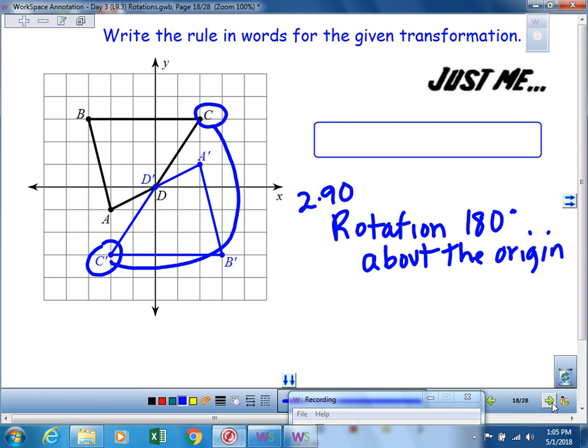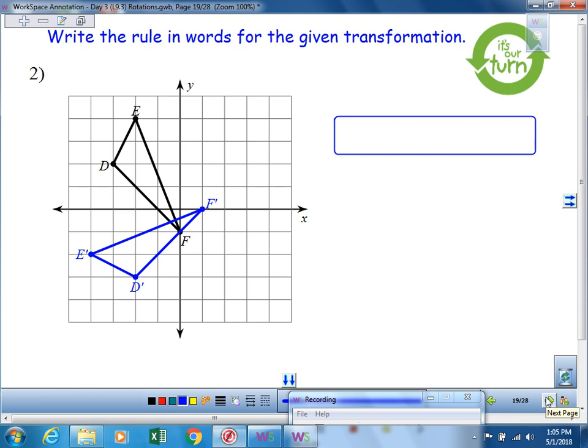90 clockwise or 270 counter. You can pick either. I would hesitate to do both because if one's wrong and it's a test, then everything's wrong. The question's wrong. I would put one. All right, so let's find a letter on the pre-image. Not on an axis point, so you would pick like E or D. So let's pick E. And I'm going to go clockwise, and I'm going to go circular right until I hit the next E. So I'm going to go 1, 2, 3.